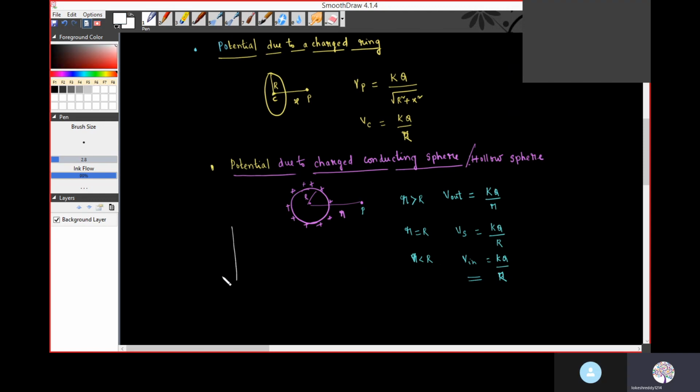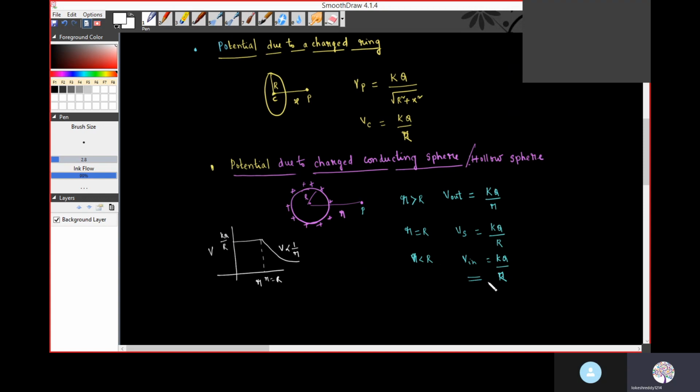Now if you draw a graph between the potential and distance, you see inside it is constant. How much is it? KQ by capital R. Up to r equal to R it is constant, and then you will have an inverse relation, because V is inversely proportional to r from the surface to outside.